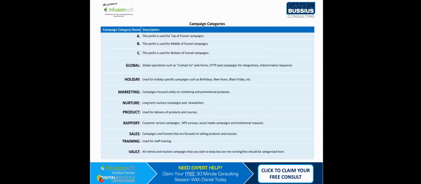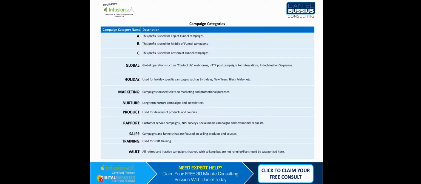The second thing you'll notice is that the first letter in each campaign category name is the only one that starts with that letter. So for global campaign category, there's no other campaign category name that starts with the letter G. I've designed that specifically and purposefully, and I'll show you why, because it's going to enable us to beautifully and easily organize and categorize all of our campaigns based off of alphabetical order and the category they fall under. I think you're going to find it's pretty powerful.